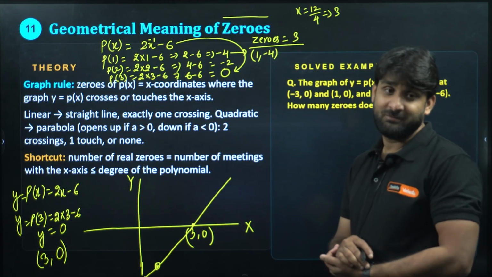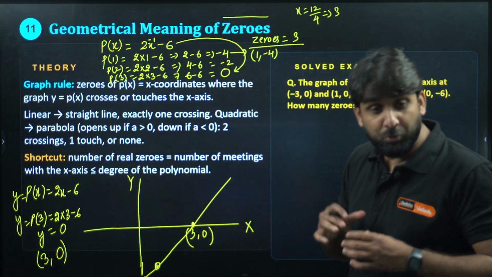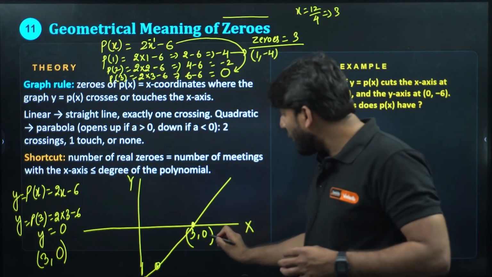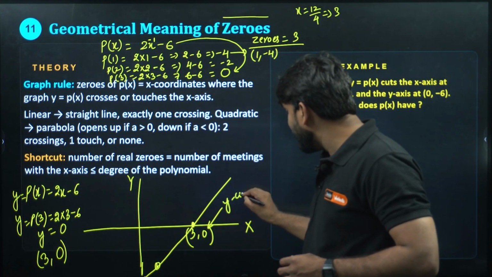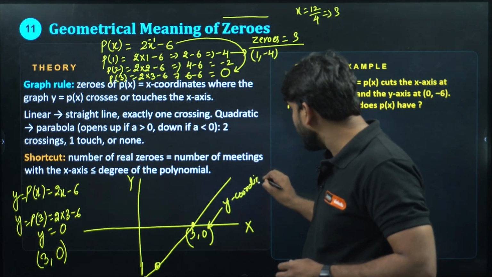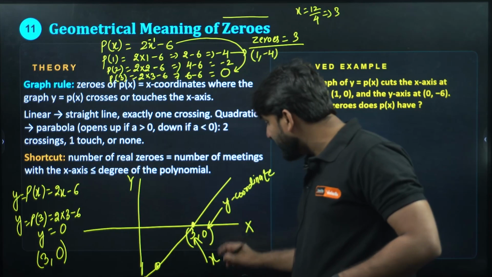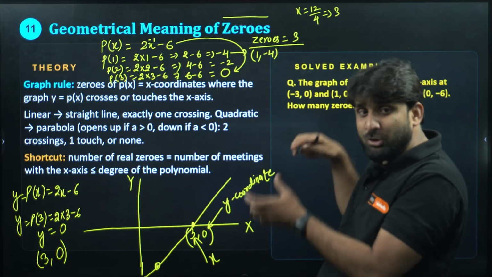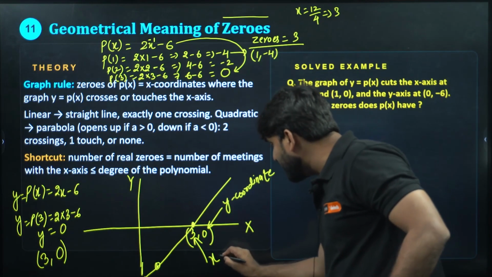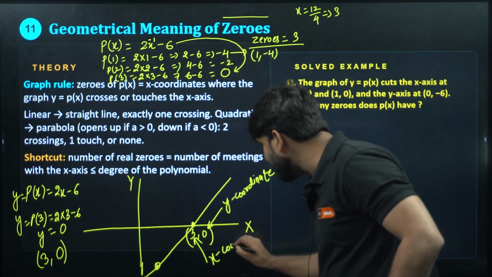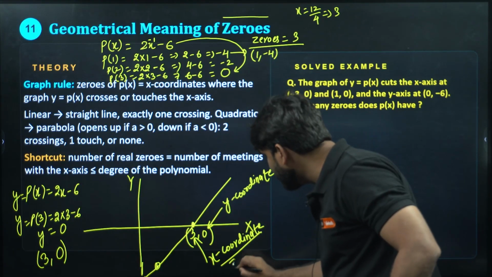My dear champion, the point at which the y coordinate will become 0, that x coordinate, the point at which the y coordinate is 0, that x coordinate is called the zero.